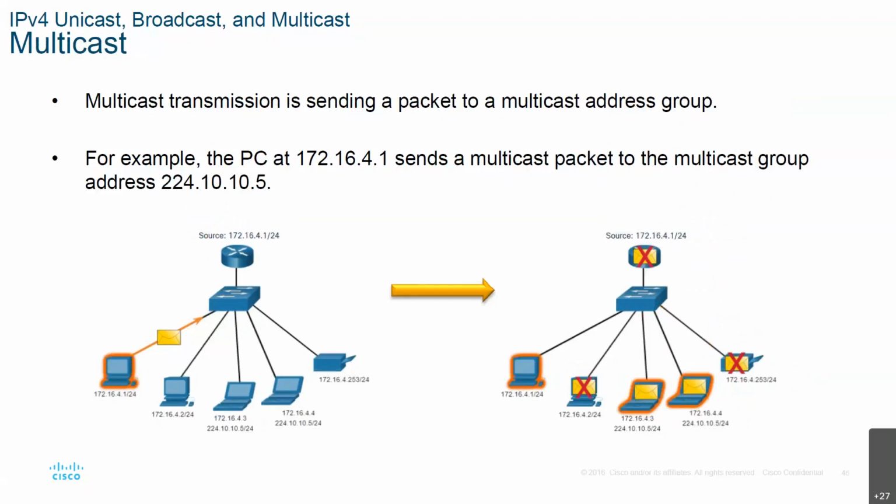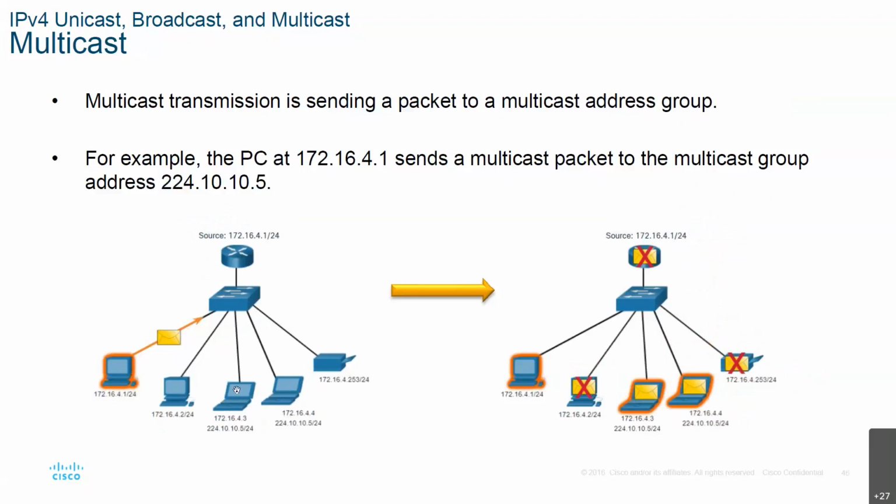Multicast is when you are sending a packet to a series of addresses, or in other words, to an address group. So from 172.72.16.4.1, from this network, I'm sending to only a group of multicast addresses.